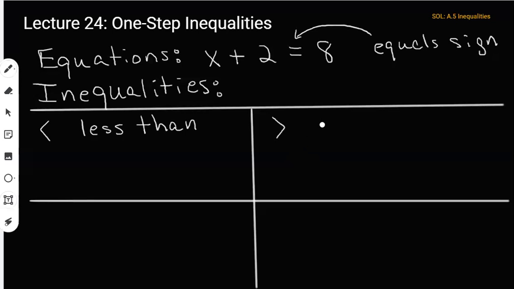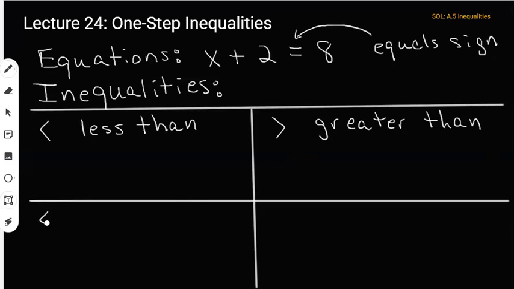This one's going to be pointing to the right. So I'm going to be doing a lot of pointing in class today. So those are the first 2 that you learned about, the less than symbol and the greater than symbol. But then there are 2 more that you learned about.